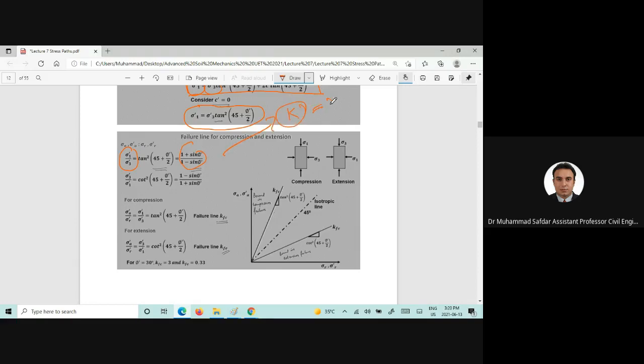It's basically sigma 3 by sigma 1, which is a stress ratio. If we compare those stress ratios, we can find out the failure line or Kf in compression loading, and we can also compare that failure line in extension loading.